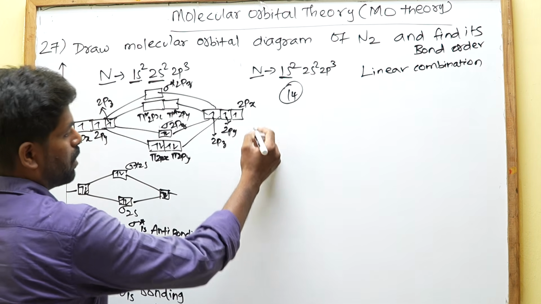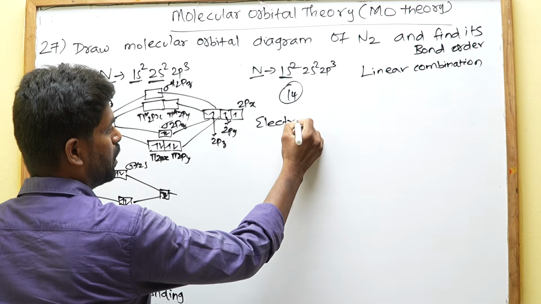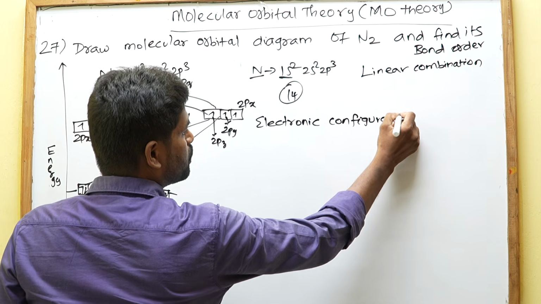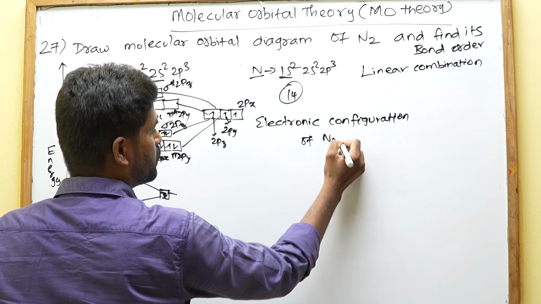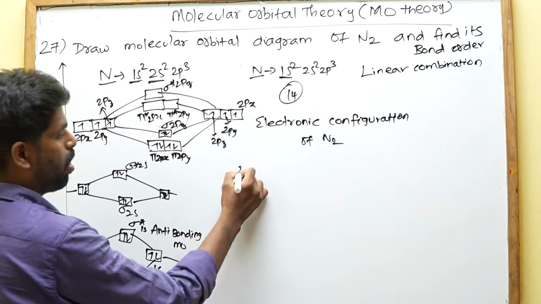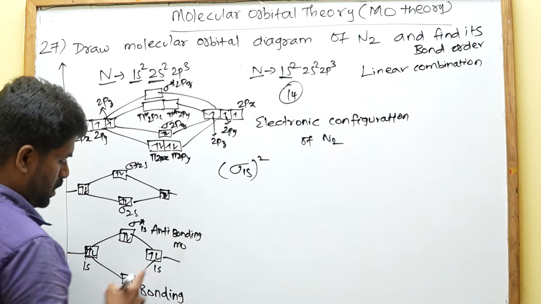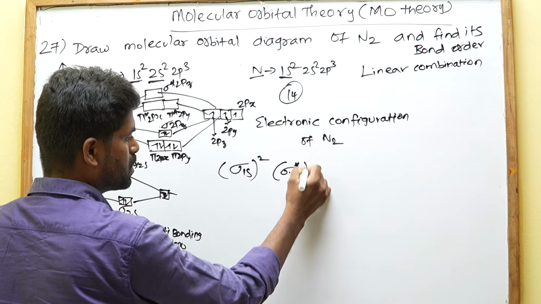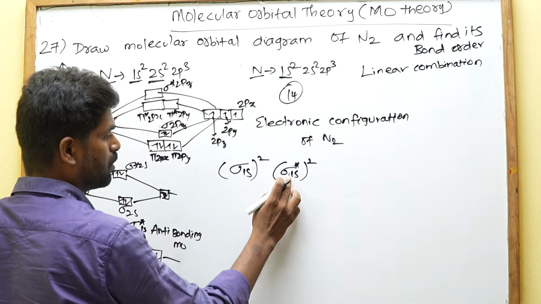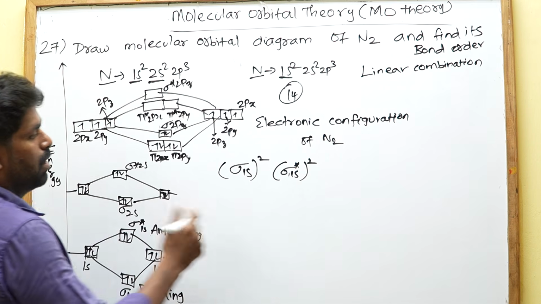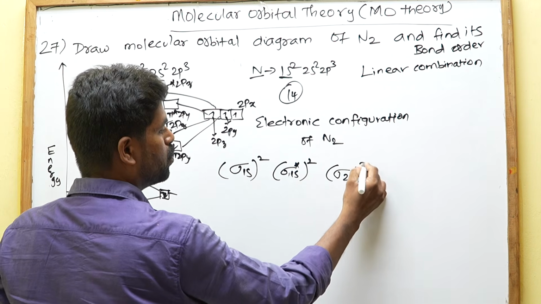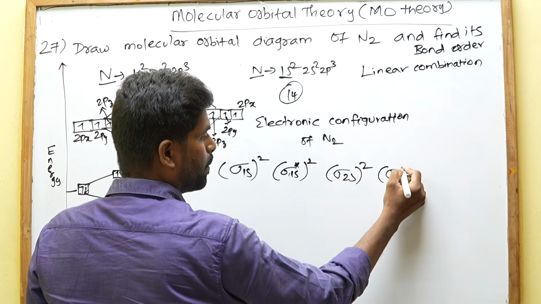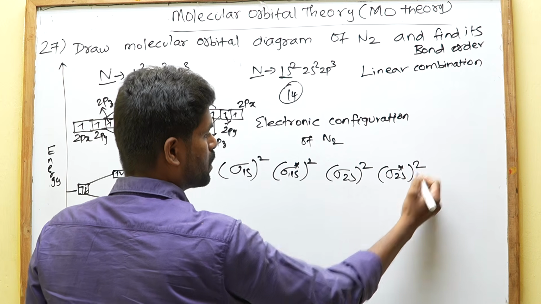Now let's write the electronic configuration of dinitrogen. We'll start with sigma 1s 2 electrons, then the anti-bonding level sigma star 1s 2 electrons, then sigma 2s 2 electrons, then the anti-bonding level sigma star 2s 2 electrons.